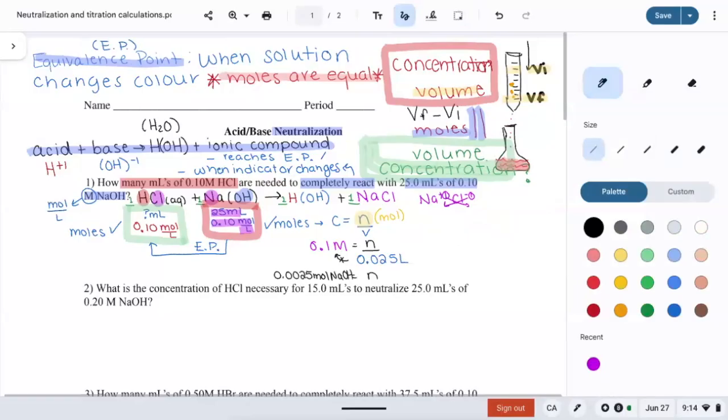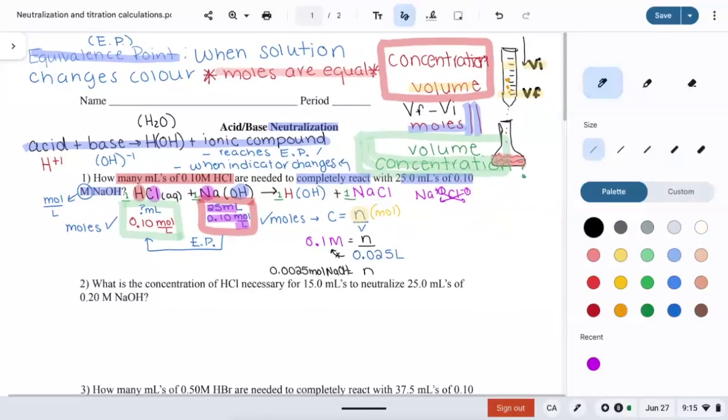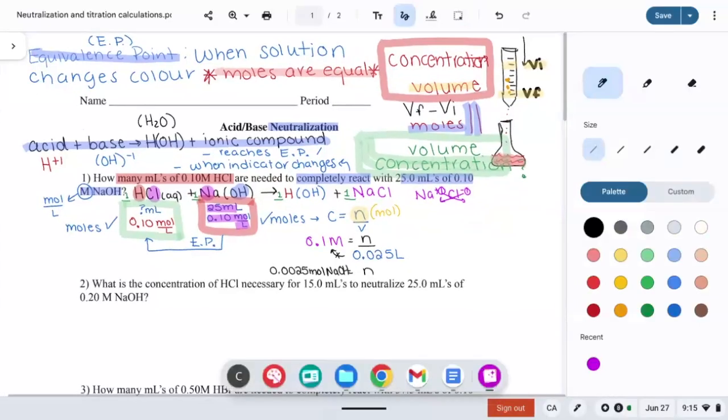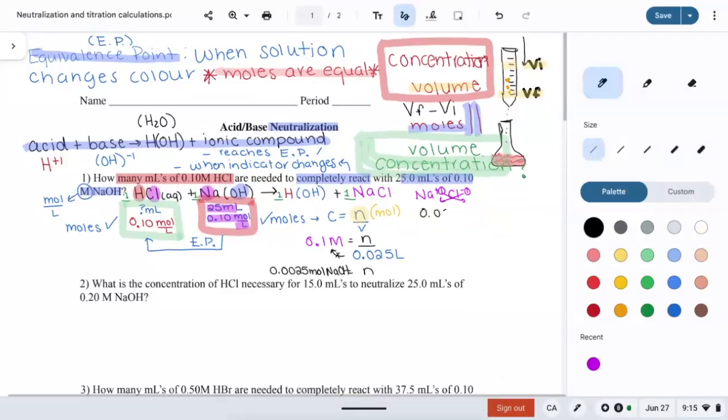Okay. And then from there, we can find the moles of HCl by using the mole ratio. So here's step 1. Here's step 2.